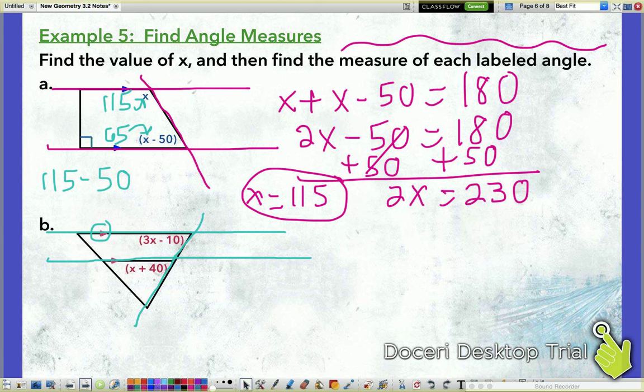So these two angles, they're both on top of the parallel lines, so those would be corresponding. Corresponding angles, I know, according to Theorem 3.2, are congruent. So what do I do when they're congruent? I set them equal to each other. Subtract x.